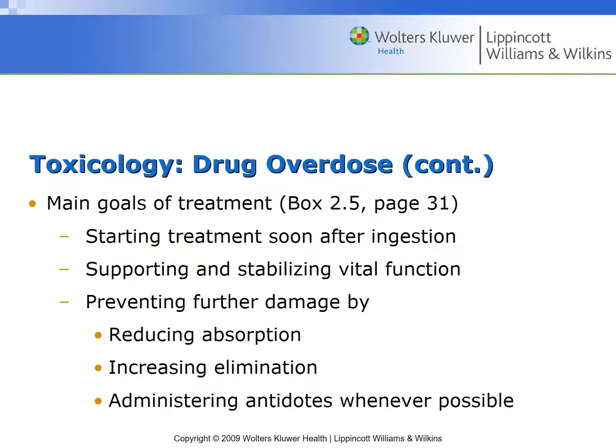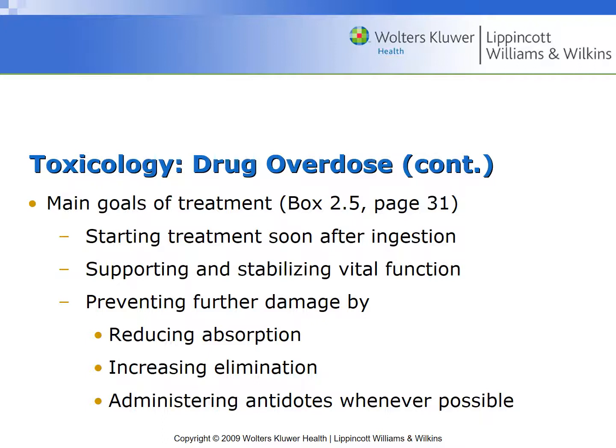Your ABCs have to take place when caring for drug overdoses or toxicology. So we're going to make sure their airway's clear, we're going to make sure they're breathing, and we're going to give them CPR for circulation. That is going to be very, very important.